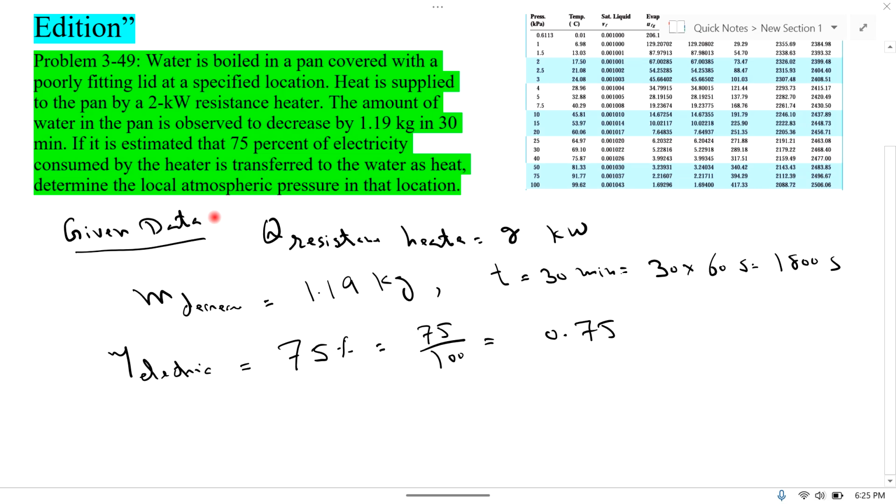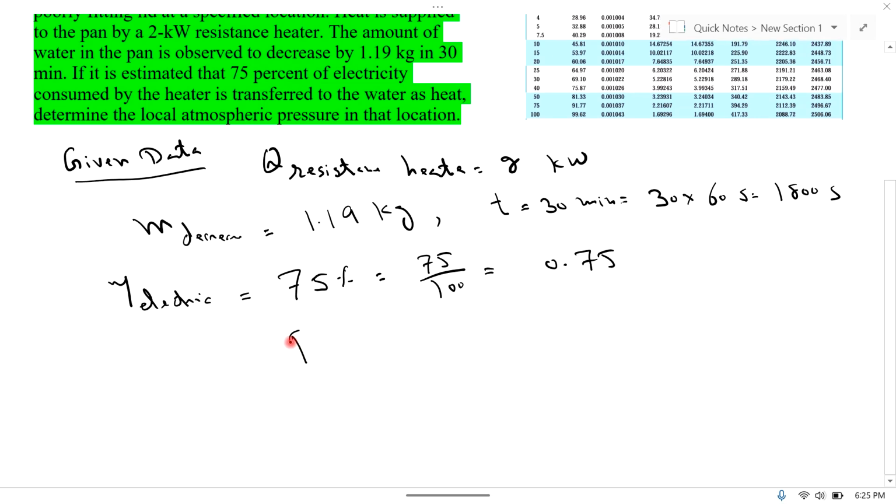Determine the local atmospheric pressure at that location. Required is to find the atmospheric pressure.